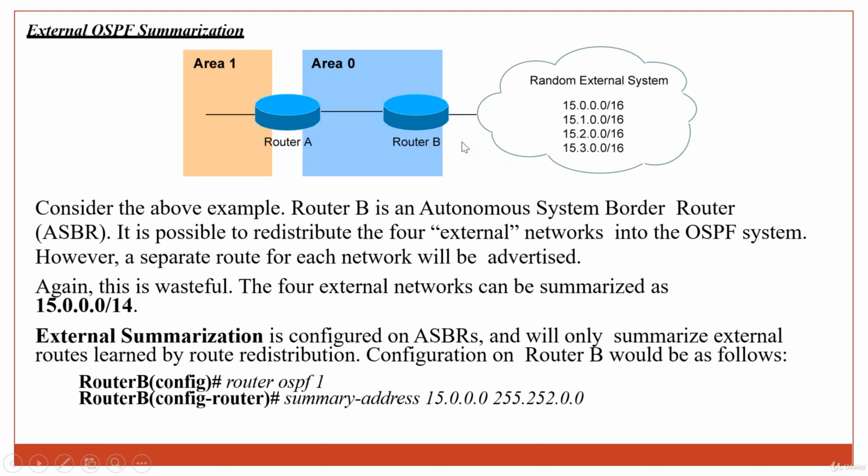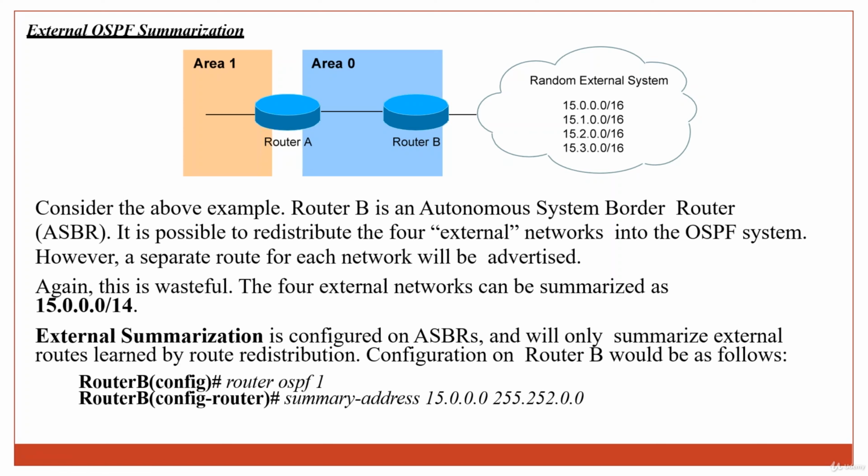Suppose router B is the ASBR, which is connected to a non-OSPF domain or non-OSPF routing protocol. In that case, you can do the summarization, but the syntax will be a little bit different. Instead of using area, the command is summary-address and then the network and the subnet mask, meaning whatever network we want to summarize.